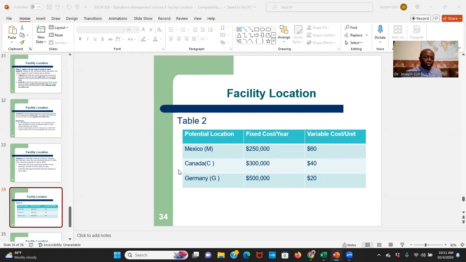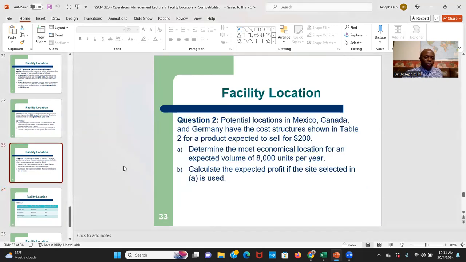The question says that you determine the most economical location for an expected volume of 8,000 units per year, and then calculate the expected profits if the site selected in part A is used. So the first thing, of course, is to enter the data set in Excel.